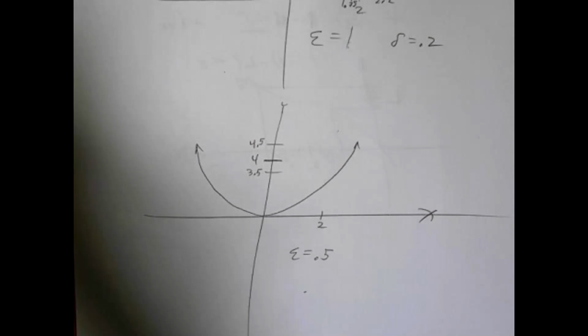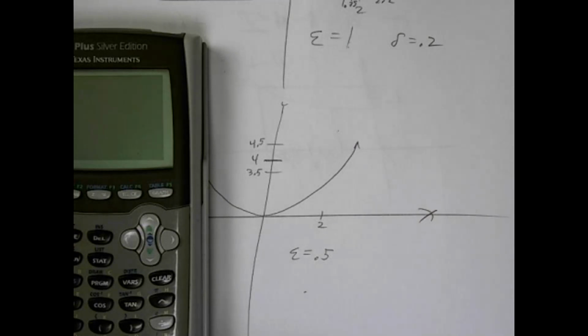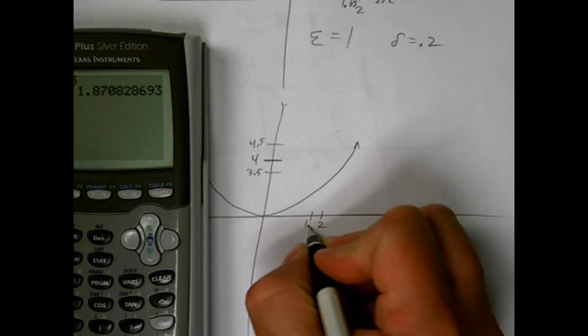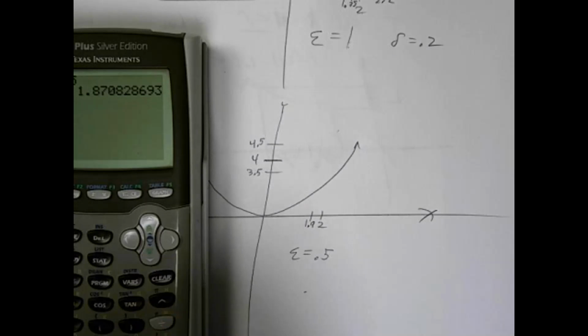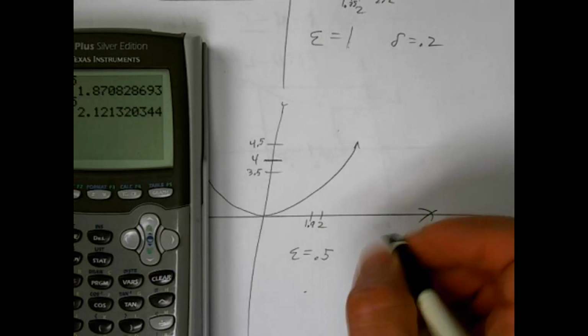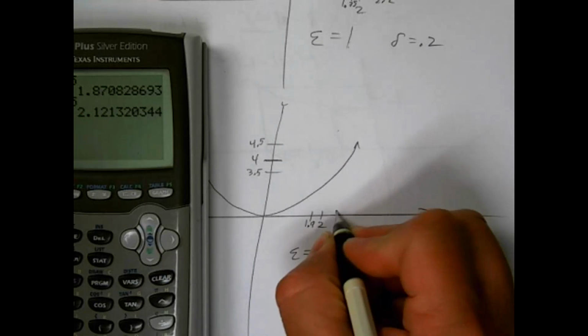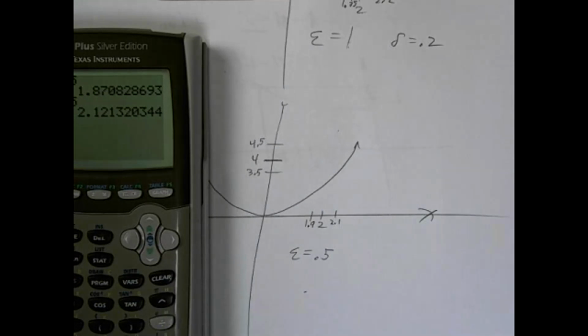So I could answer their challenge. I'm going to take the square root of 3.5, and that's 1.87. I'll call it 1.9 just for a margin of safety. Take the square root of 4.5 and get 2.12. Call it 2.1, again, just for a margin of safety.